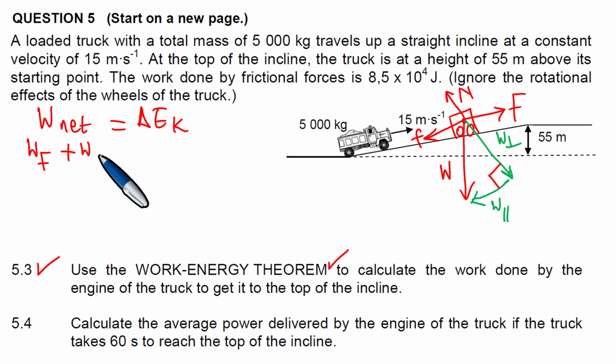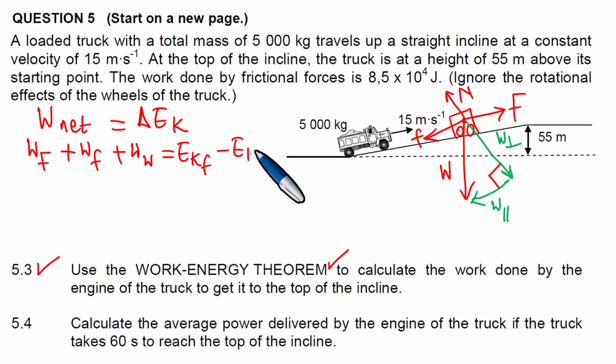We add the work done by friction, but also we add the work done by the weight, and this is equal to E K final minus E K initial. So which means you shall have work done by the applied force minus the work done by friction is 8,5 times 10 to the fourth power.